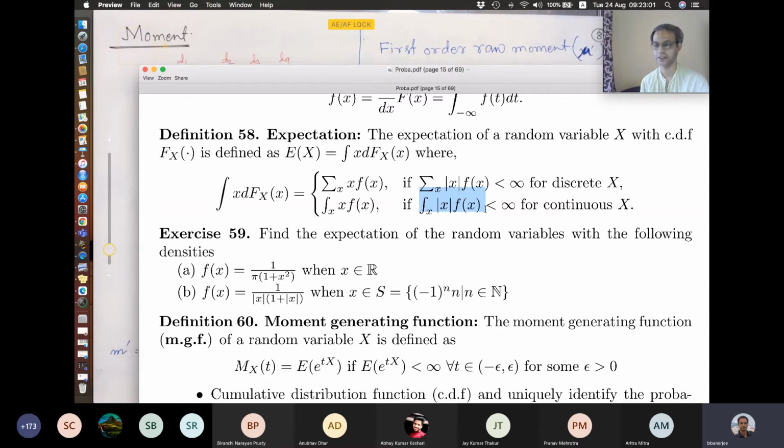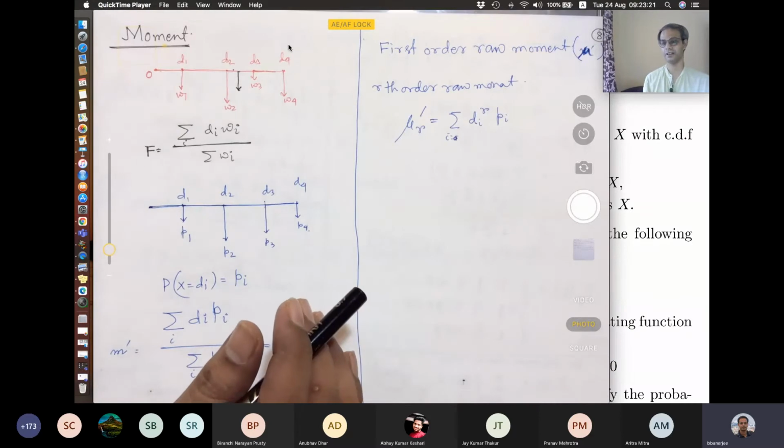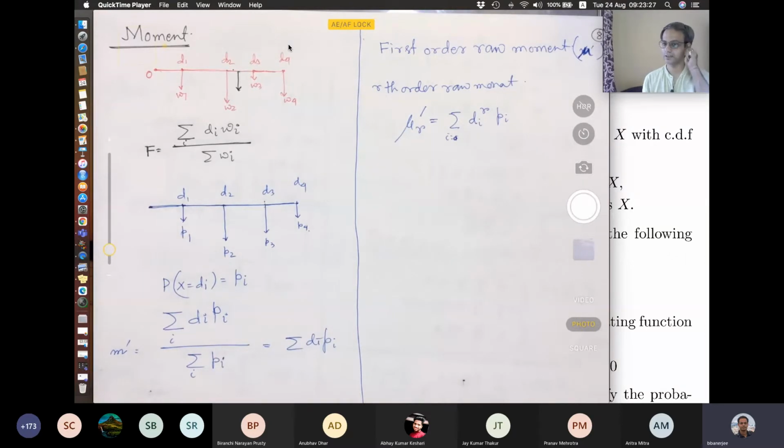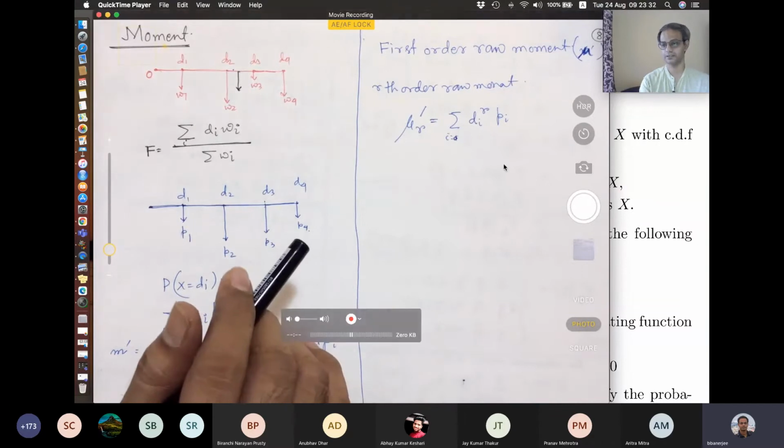Why do we need these conditions? If the condition is not satisfied, what kind of problem may you face? From this example you can immediately extend the idea: replace summation by integration, do the integral of x f(x) dx, or do the summation of x f(x).